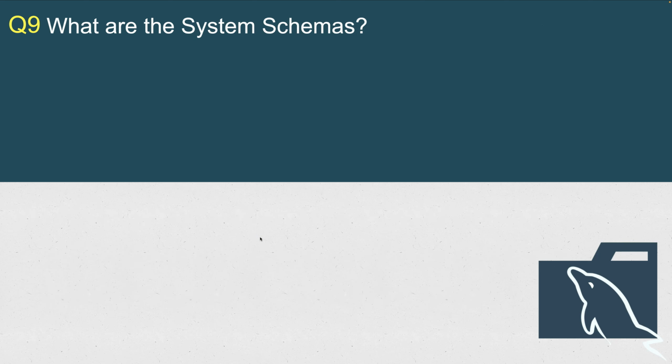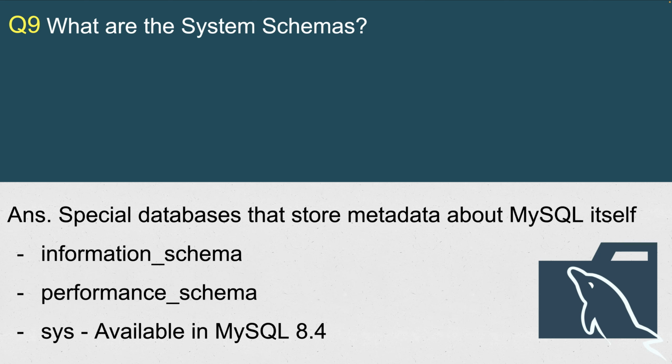What are the system schemas? This is a very common and easy question, and most of the people do not know the answer. The system schemas are special databases that you never ever touch, you never ever drop them, you only query them to get the metadata about the MySQL server itself.